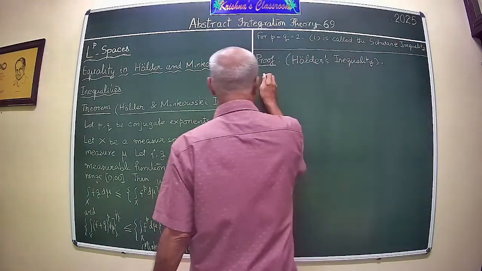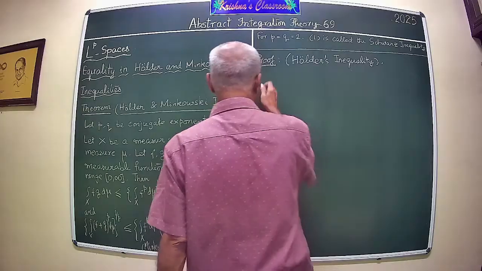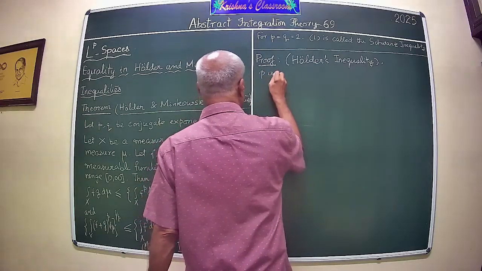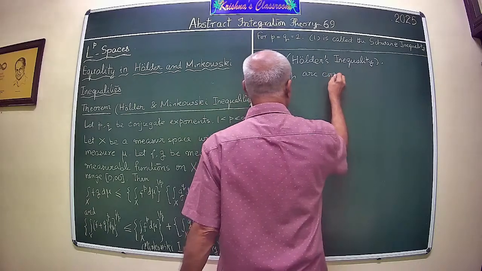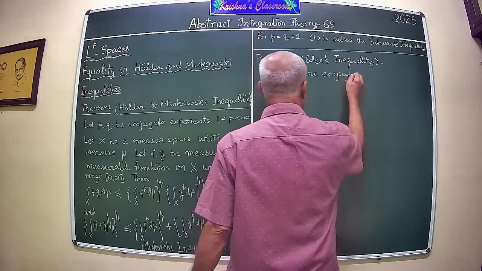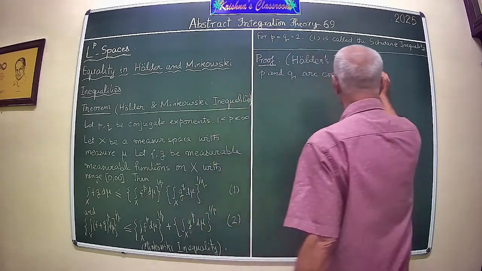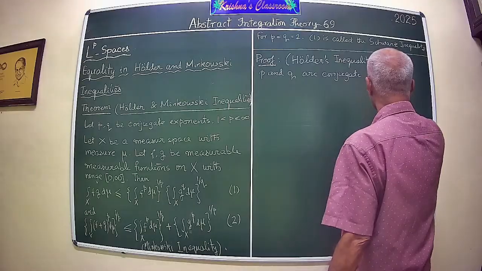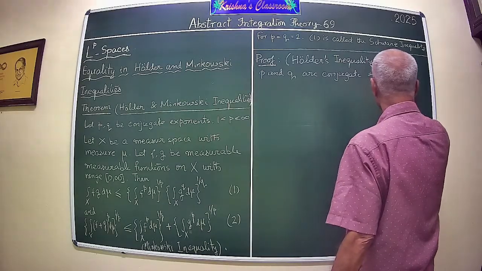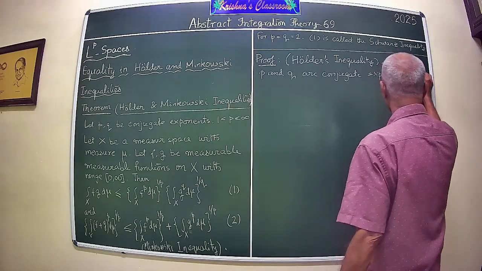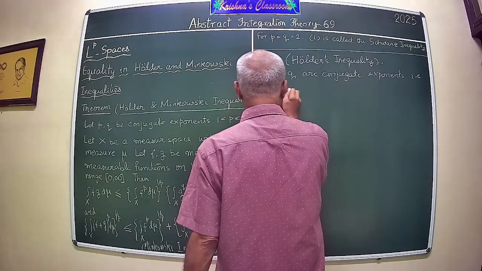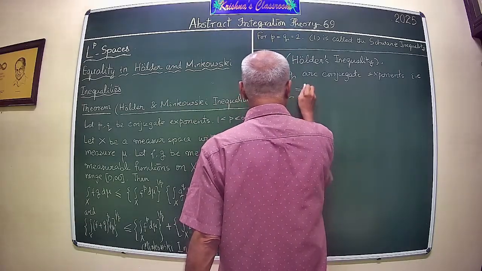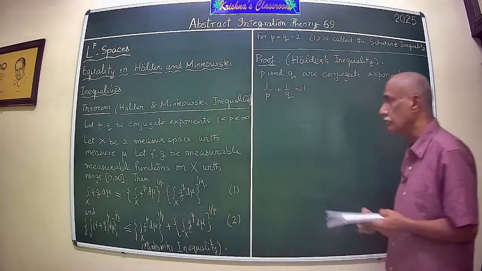So p and q are conjugate exponents, that is 1 by p plus 1 by q equal to 1.